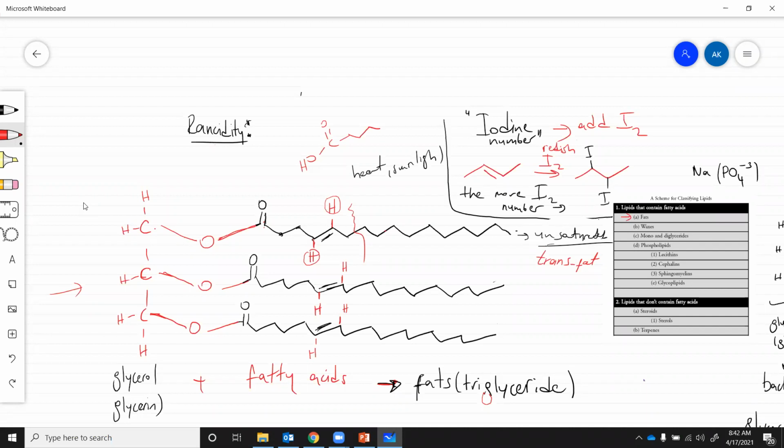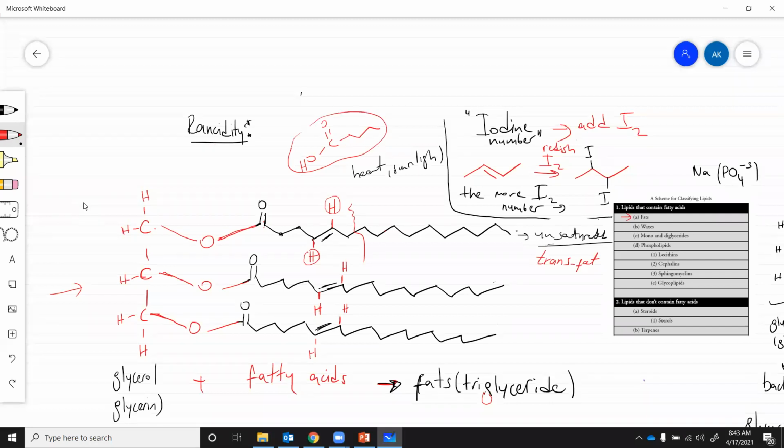And this is one of the reasons why, if you have butter, for instance, and if you leave the butter out at room temperature, and I hope you don't have a messy kitchen, then you start smelling it. Even in the refrigerator, if you keep the butter so long, it's going to start smelling. So where are those smells coming from? Those smells come from these small molecules. Make sense?